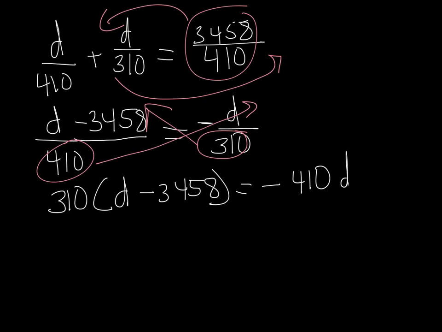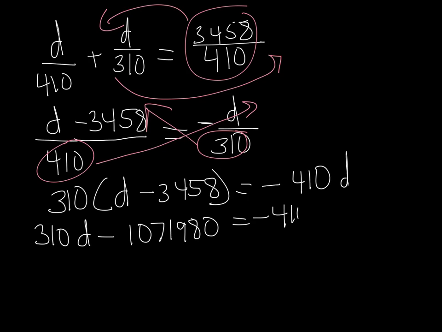And then we can work all this out. So we have 310d minus, now you get a big number here, 1071980. And then you can see what we need to do next.